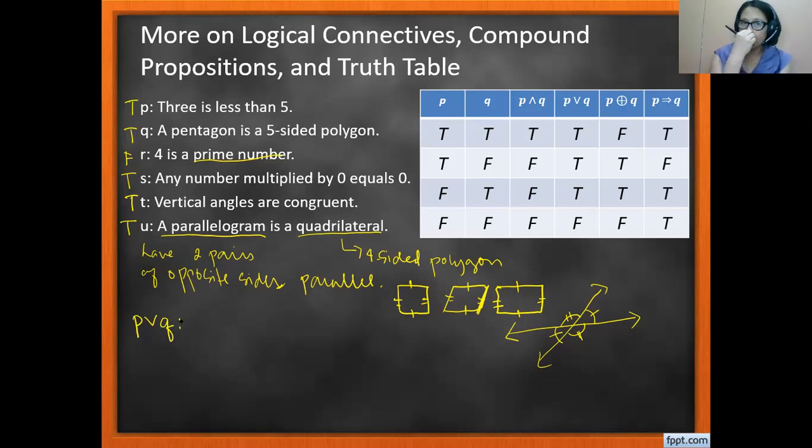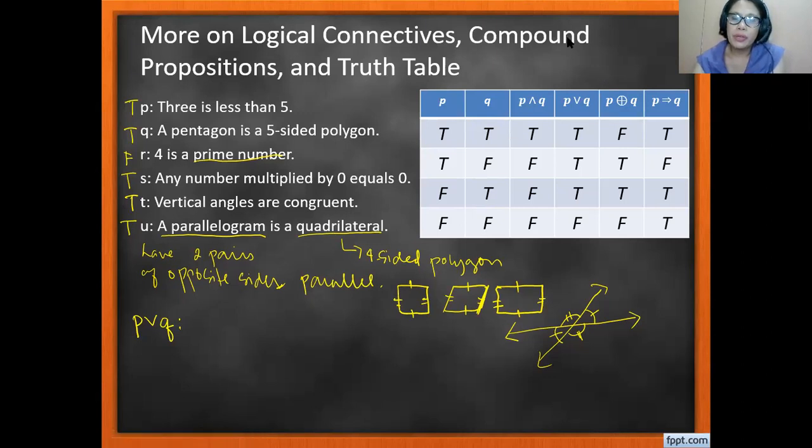How can you reconstruct P or Q? Anyone? You just recite what's P or Q, and then later we'll identify the truth value. You can raise your hand virtually if someone wants to answer.